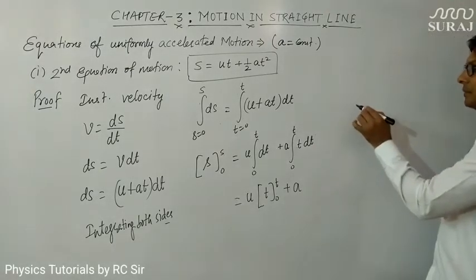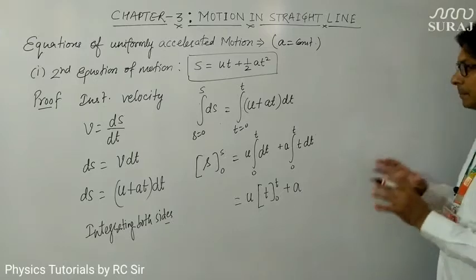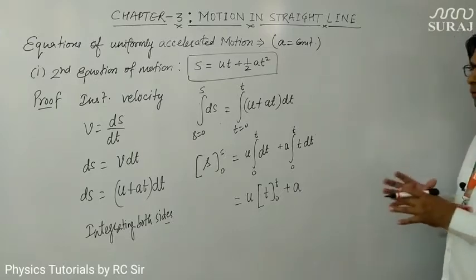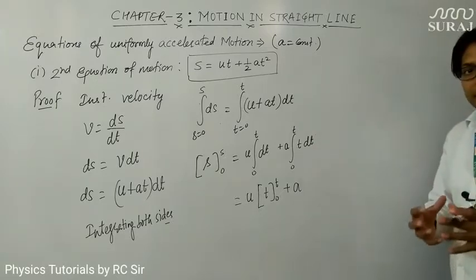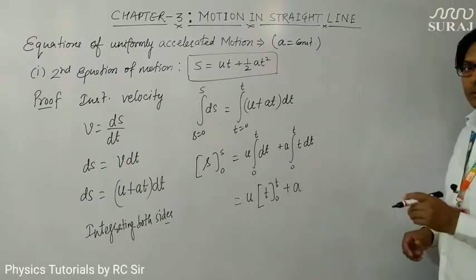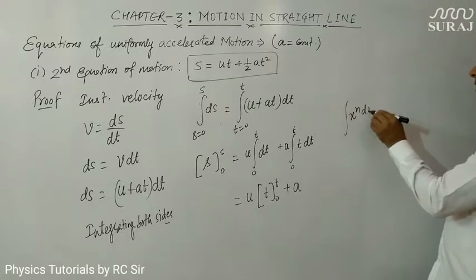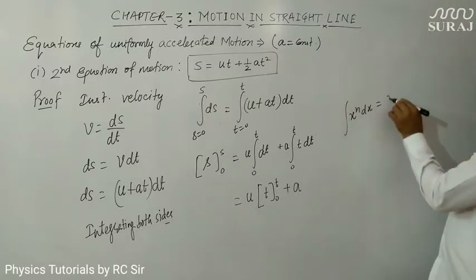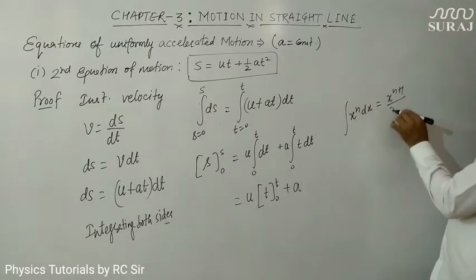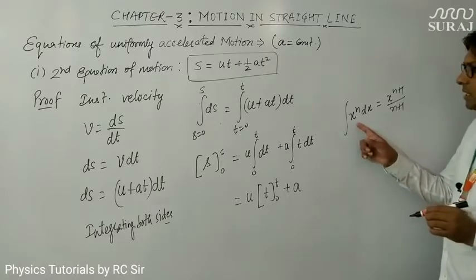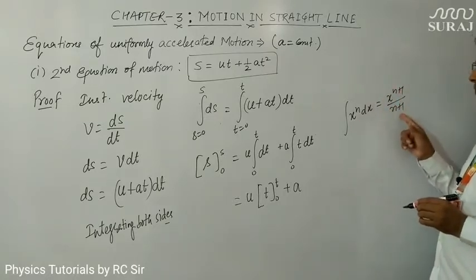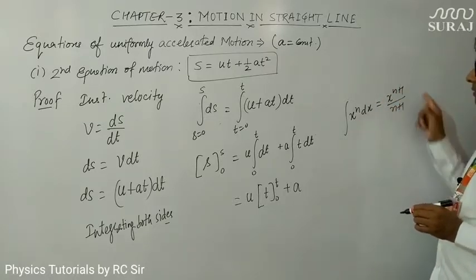Using this formula, which we wrote in our last video: the integration of x raised to the power n dx is equal to x to the n plus 1 divided by n plus 1, meaning the power is increased by 1 and the new power divides the term.